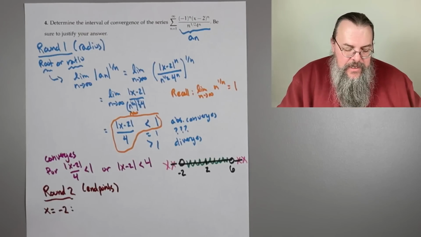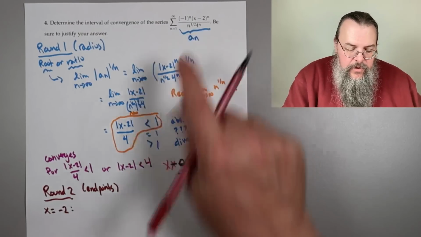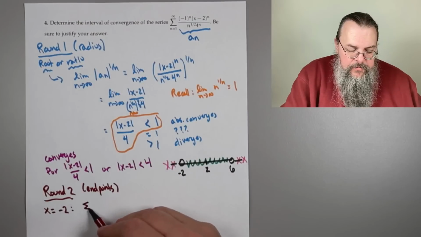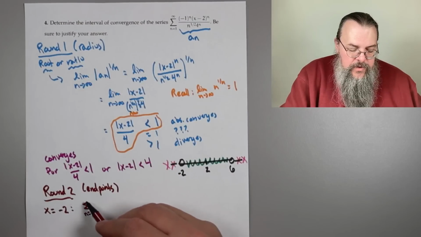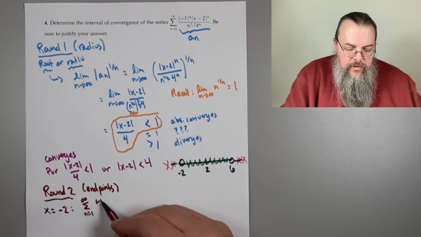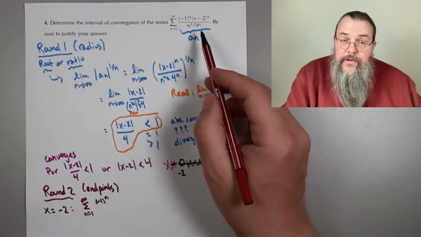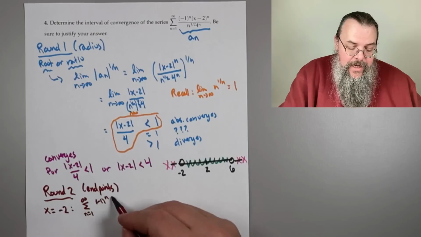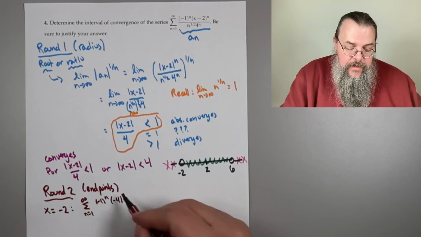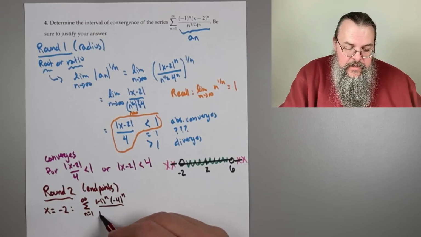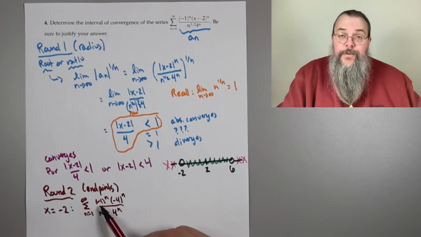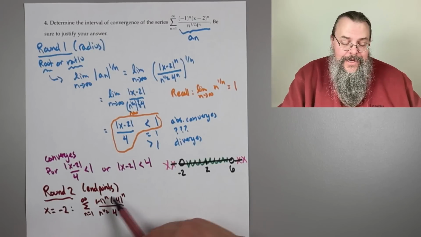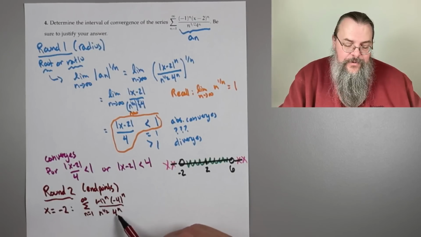So let's plug in -2. So this becomes the sum from 1 to infinity of (-1) to the n, times (-2 minus 2), which is -4, to the n, over n to the 1/2 times 4 to the n. Well, (-1) to the n times (-4) to the n makes 4 to the n. Upstairs, there's a 4 to the n.